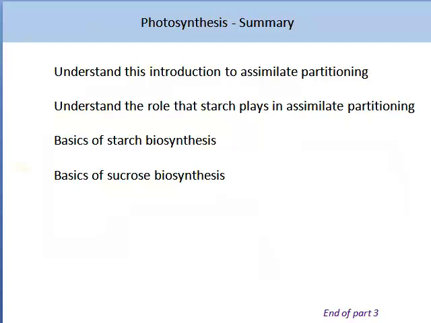I hope that you have understood the role that starch plays in assimilate partitioning and the processes of starch and sucrose biosynthesis. I do not expect you to remember every single molecule in starch and sucrose biosynthesis, but I do hope that you have an understanding of the overview. Thank you very much for taking the time to listen to these lectures.